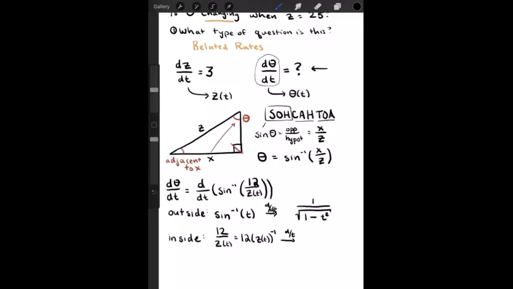And what about 12 times z to the negative 1? What rule do we need to use there?